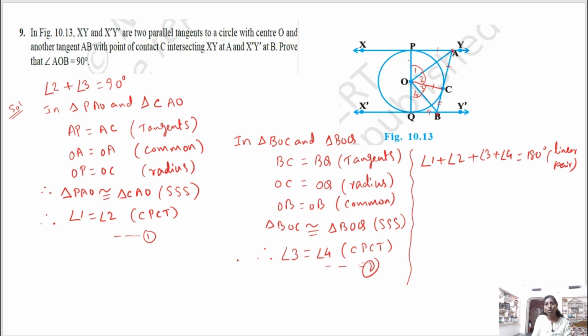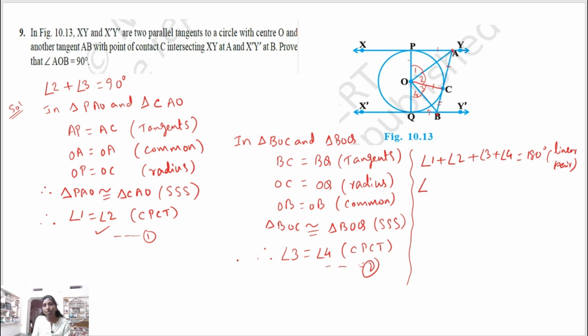So from equation number 1, angle 1 is equal to angle 2. So I can replace angle 1 with angle 2. Angle 2 I will write as it is. Angle 3 I will write as it is.